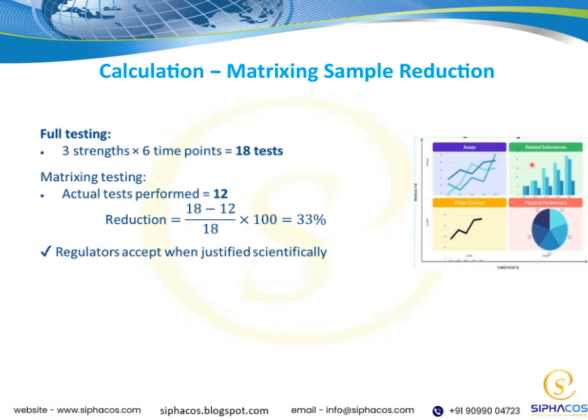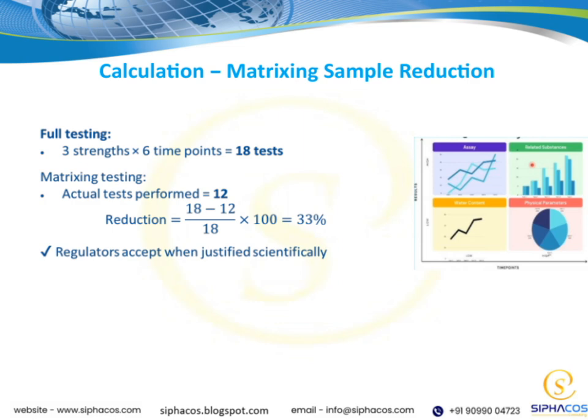This is important because it saves time and resources, especially when dealing with large data sets. The challenge is to ensure that the reduced sample still accurately represents the original data. By matrixing, we can identify which samples are most representative and which ones can be combined or eliminated.